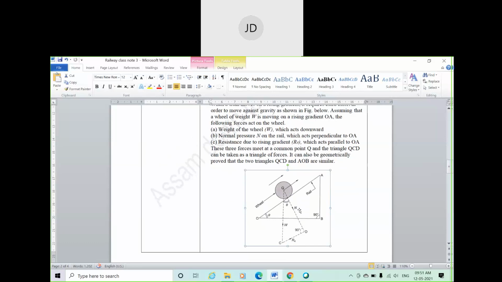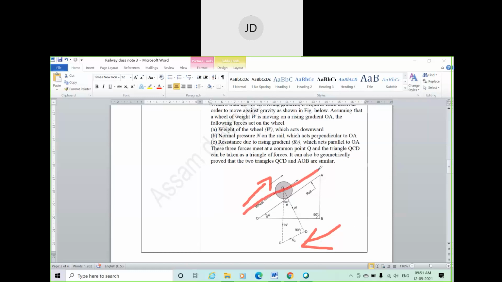The velocity of the movement of the train is in this direction, but one component of the weight is against the direction. So this kind of additional force acts against the movement of the train. It gives some resistance on a rising gradient.